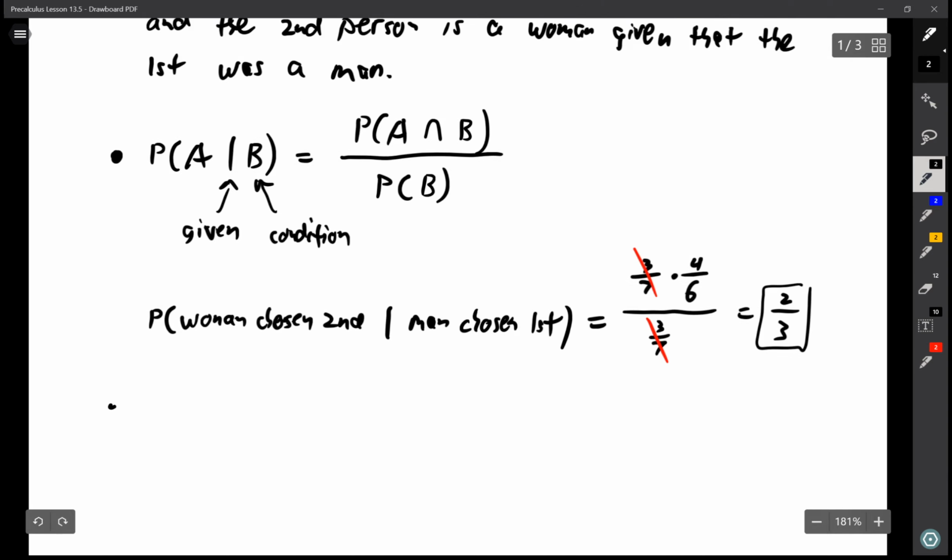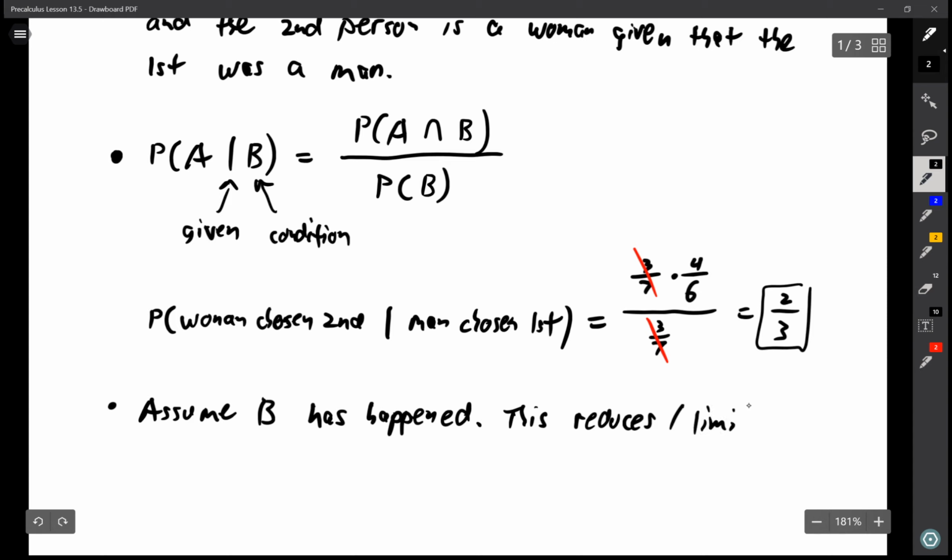The other way is to assume B has happened. This reduces or limits the scenario.